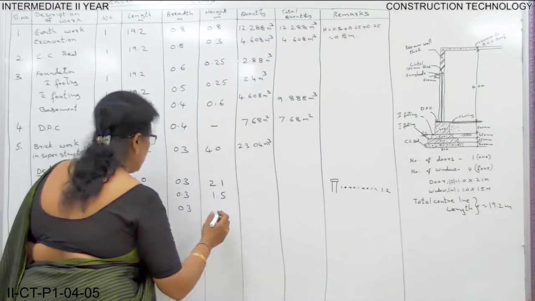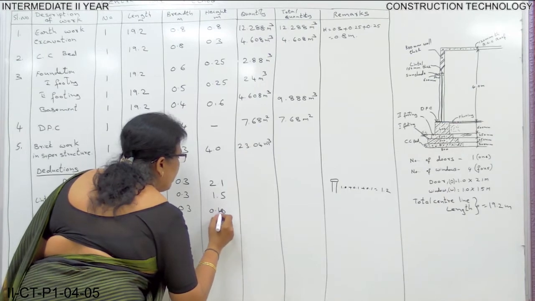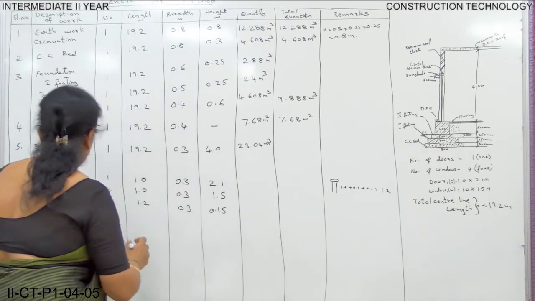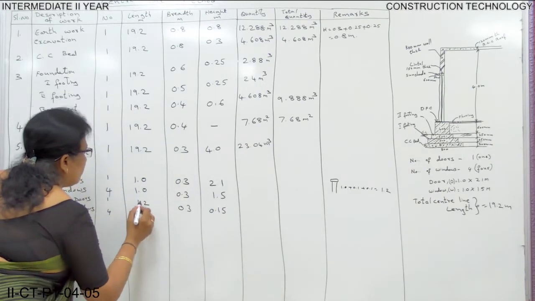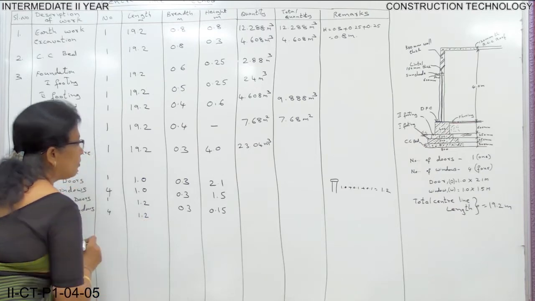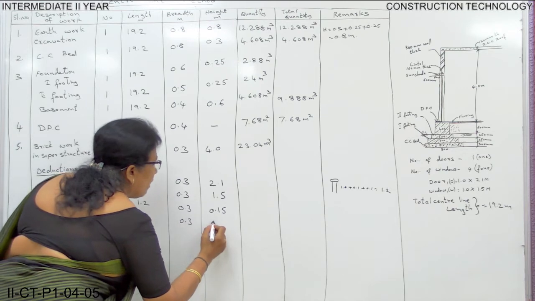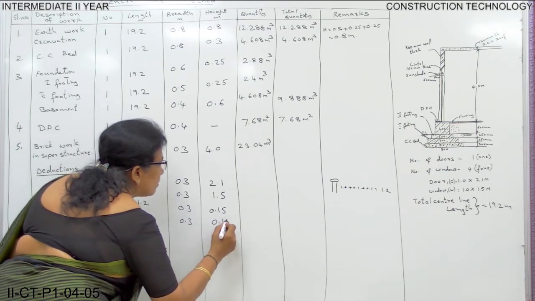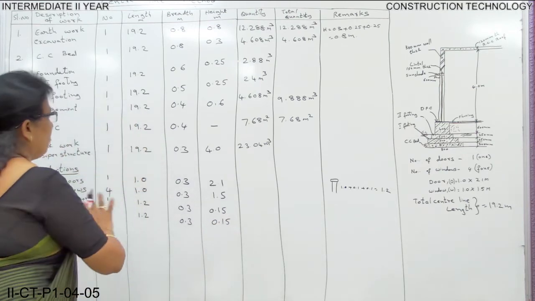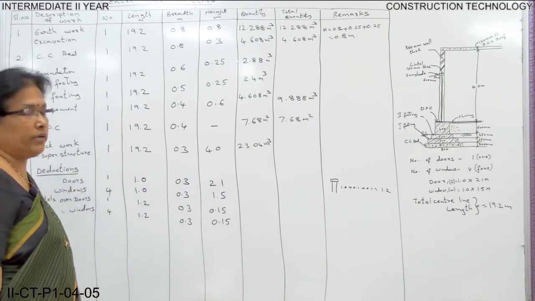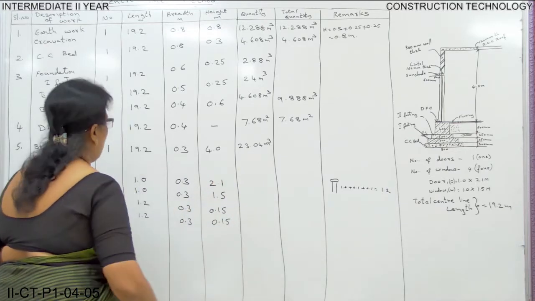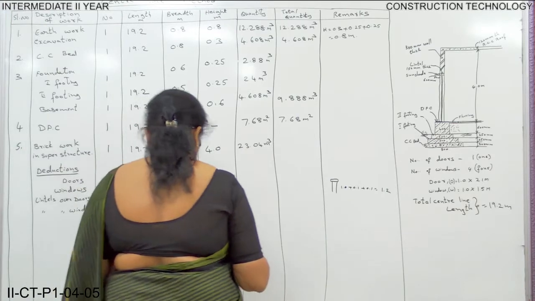When you convert that to meters, it is 0.15 meter. Same again, coming to window 1, when you add the projections, it is 1.2, the breadth is 0.3 and the height is 0.15. We'll calculate the quantities and write them here now.